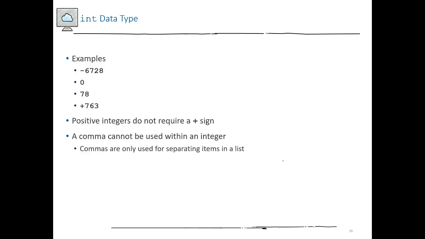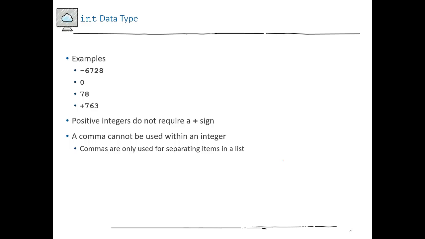Here's an example: negative 6,728, 0, 78, plus 763. These are all examples of the integer data type, right? They're positive. Integers do not require a plus, but negative integers require a minus.